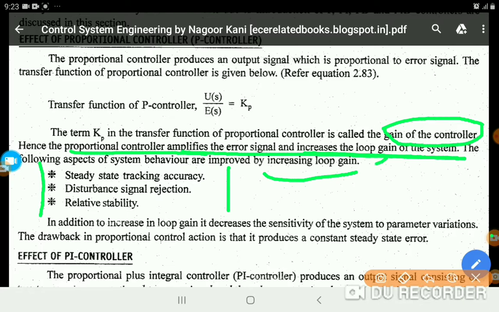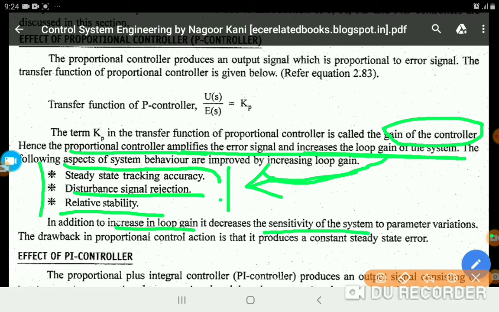If the loop gain increases, it has the following aspects of system behavior: the steady state tracking accuracy improved, disturbance signal rejection, meaning noise and disturbance signal rejection, improved. Then stability improved. In addition to the increase in loop gain, it decreases the sensitivity of the system.